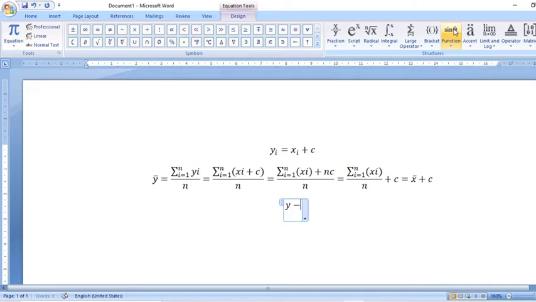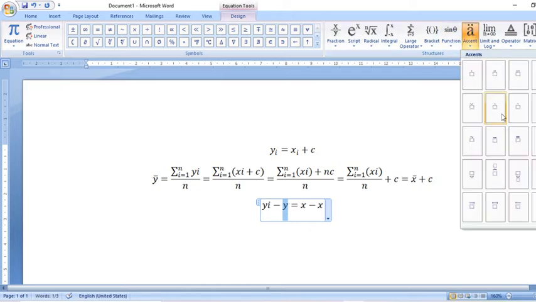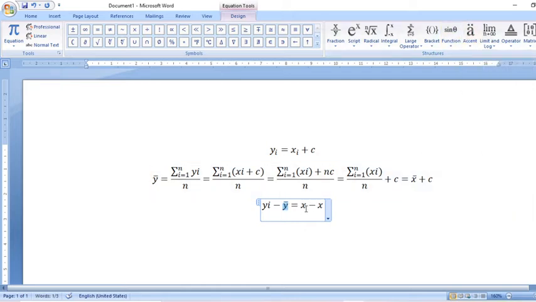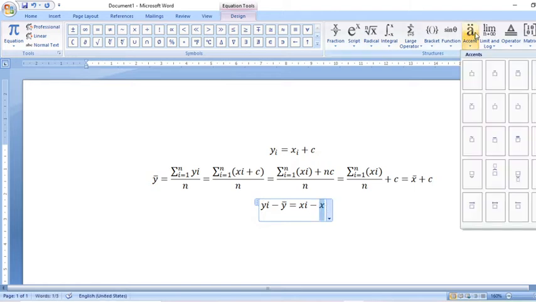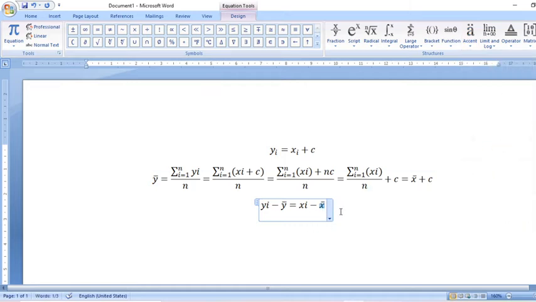So yi minus y bar equal to xi minus x bar, because yi is actually xi plus c, and y bar is x bar plus c.